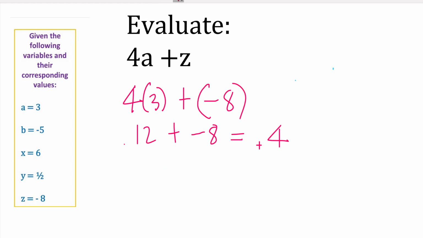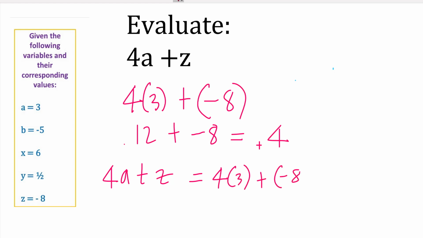So if we are going to look at the original problem, 4a plus z, if and only if a equals 3 and z equals -8, then 4a plus z is equal to 4.